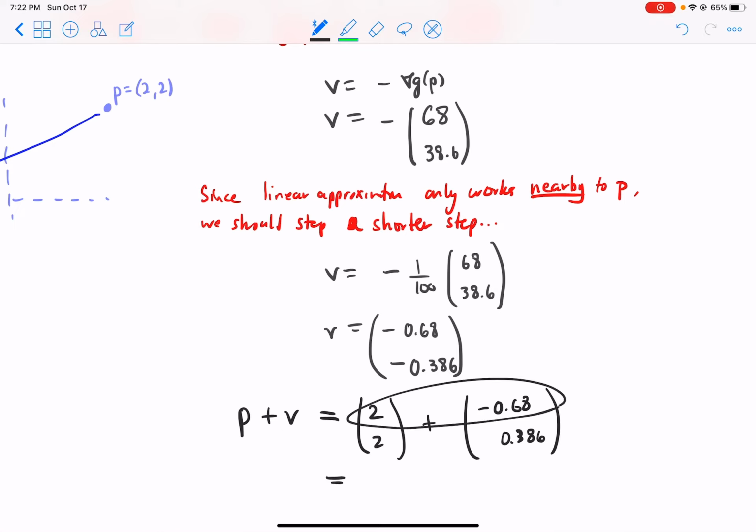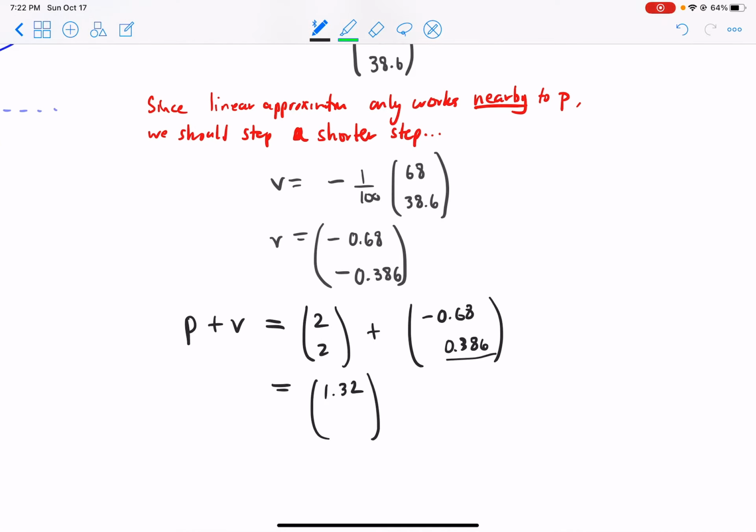That's 2 minus 0.68, 1.32. And 2, oops, this is a minus sign, so I need a minus there. 2 minus 0.38 is, well, roughly 1.42. Let's just ignore this 6. Okay, so this is our new point, p plus v.